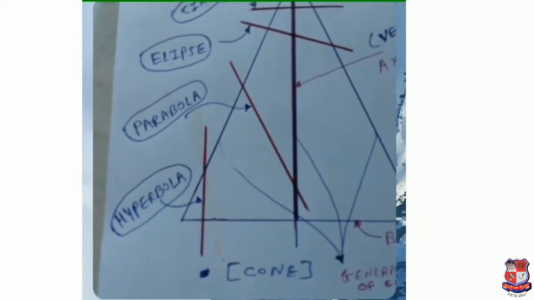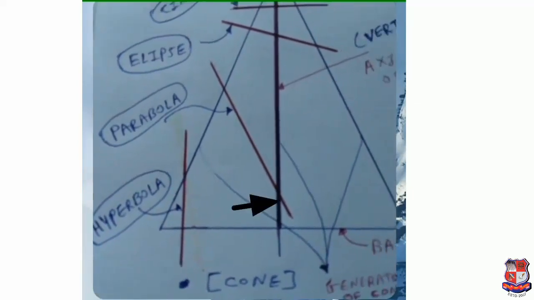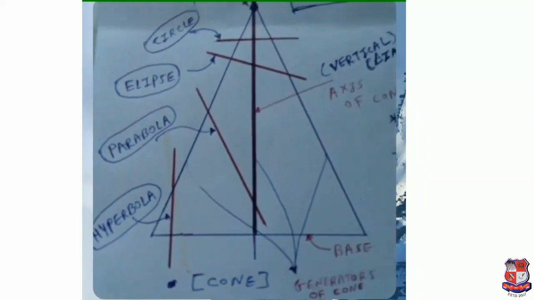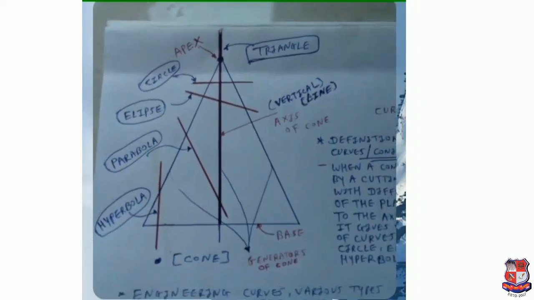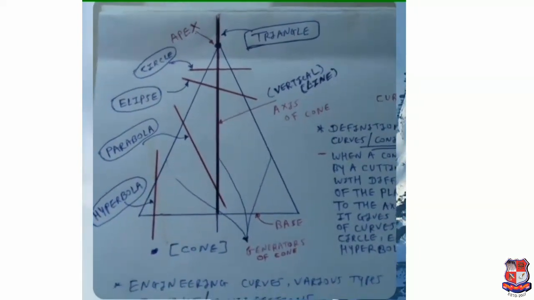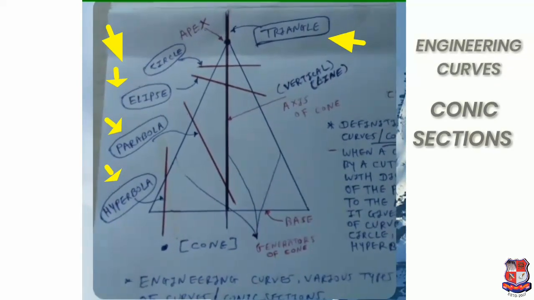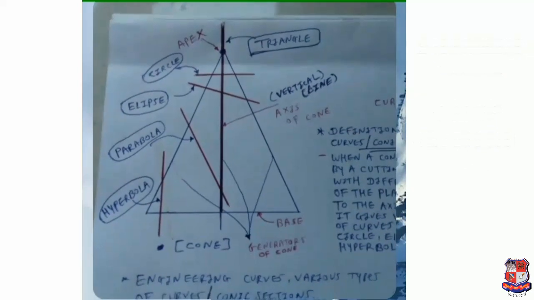So here you can see hyperbola. Here we have cut a cone by a cutting plane which is parallel to the axis of the cone. Understood? So these are the different engineering curves, and we call them conic sections.